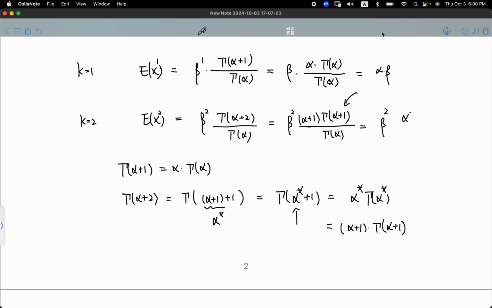Now coming back to this particular expression. The denominator is gamma of alpha, but what we have is one copy of gamma function of alpha plus 1. So we need to apply the property again to cancel out the denominator. So we have alpha plus 1 multiplied by alpha multiplied by gamma of alpha, divided by gamma of alpha.